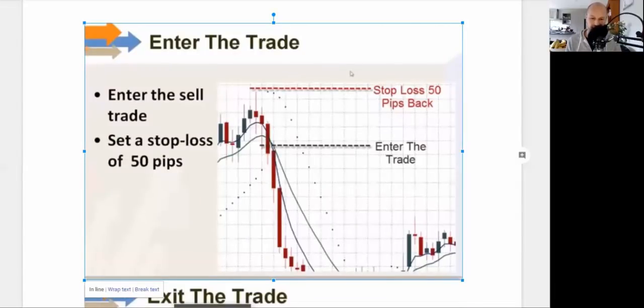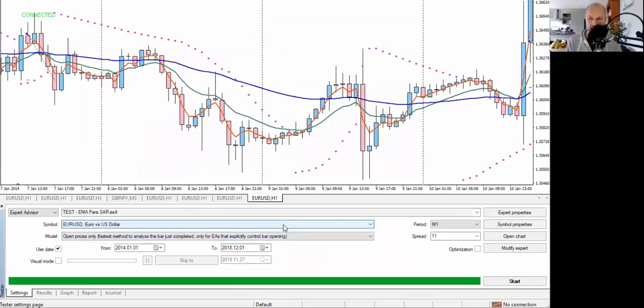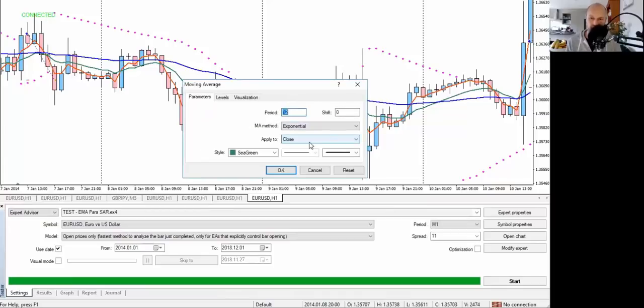So I did make a couple of changes to the system to make it, I suppose, what I felt was going to be more robust. So we ran it through, and the changes I made were to the input. We've got the 12 exponential moving average, which is here, you can see that there on the close.